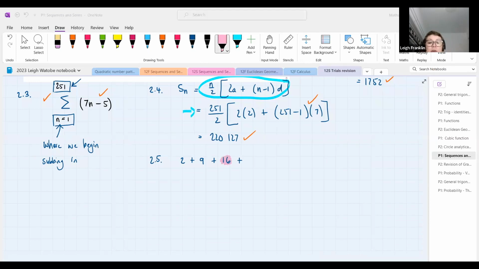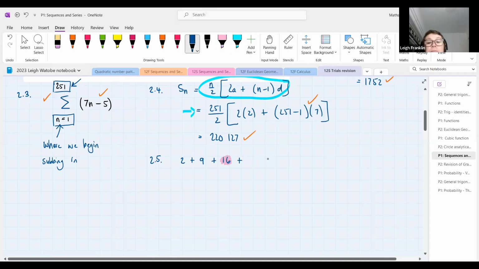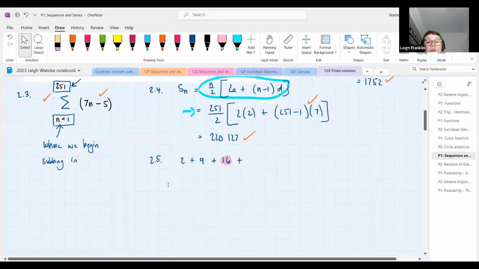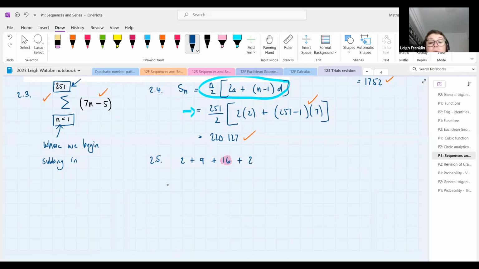All right. So I'll tell you what, let's just do a few more and then we can do a few at the end. So we all worked out in the very beginning that the fourth term would be 23, right? What would be the fifth term? Okay, so this would be 30.